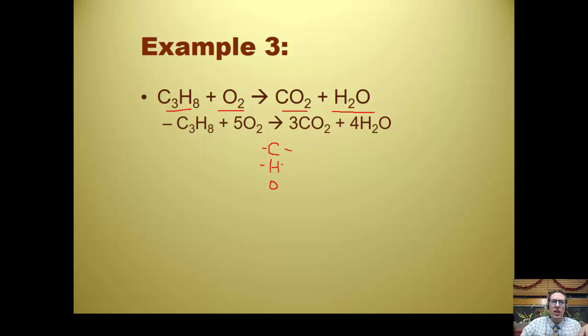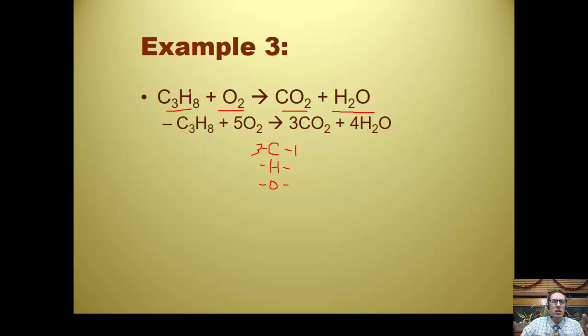And these can kind of get wonky because oftentimes you kind of have to go both ways. And probably the best way to solve this problem is to do it in this order: carbon, hydrogen, and oxygen. So let's start with figuring it out. We've got 3 carbons over here. We've got 1 over here.